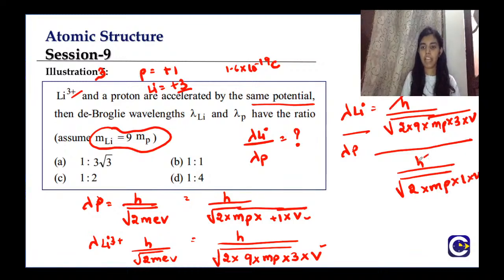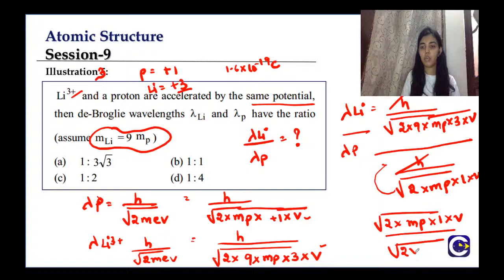Now h and h will get cancelled, and this will move to the numerator. So what are you left with? Mass of proton into 1 into V divided by 2 into 9 of mass of proton into 3 into V. Now V and V will get cancelled, root mp will get cancelled, root 2 and root 2 will get cancelled.